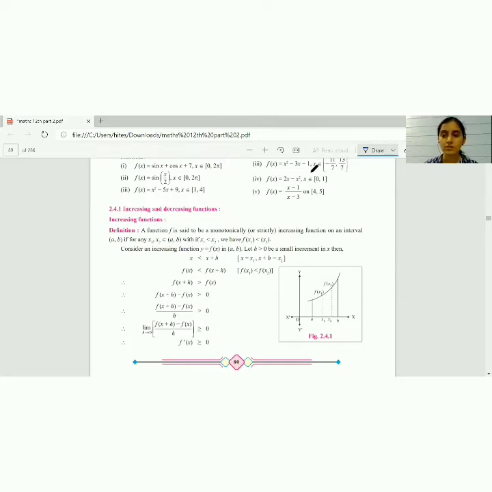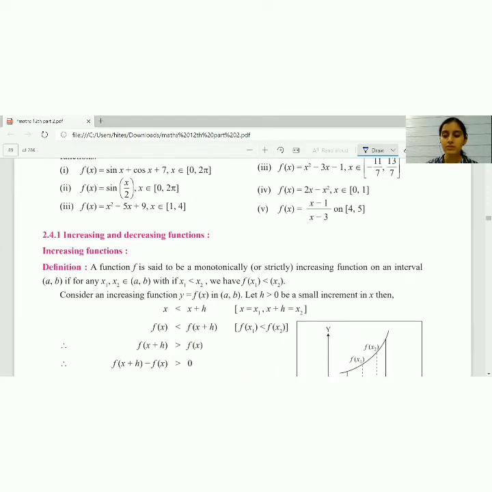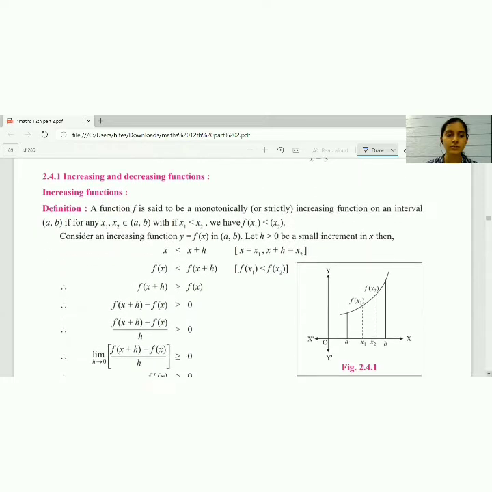We're starting now with increasing and decreasing functions. If you can read here, increasing and decreasing functions, what does it mean? It's simple. For increasing functions, see graph 2.4.1 in the figure. It's an increasing graph from the interval a up to the interval b.